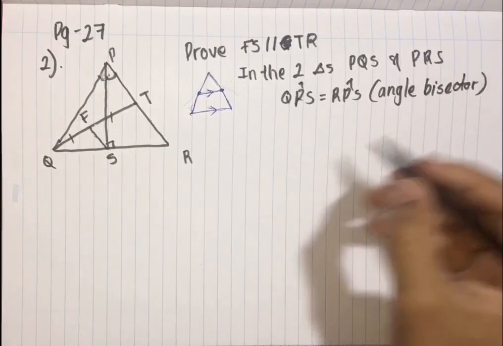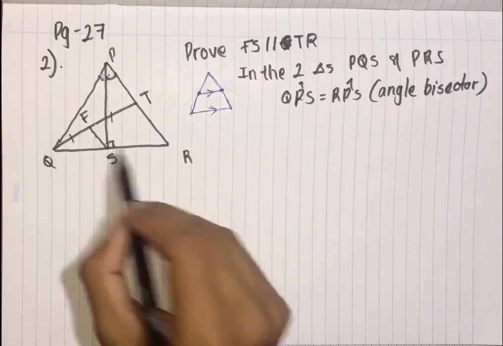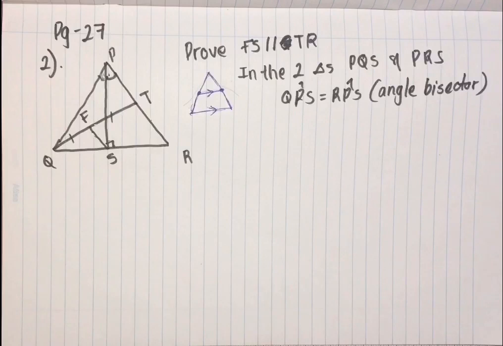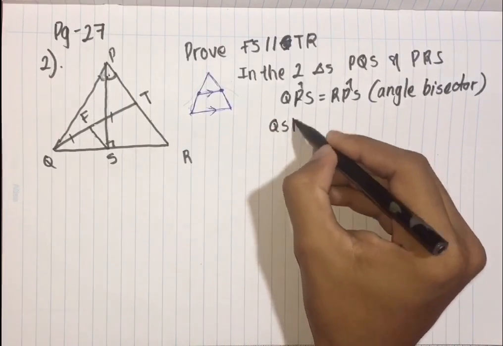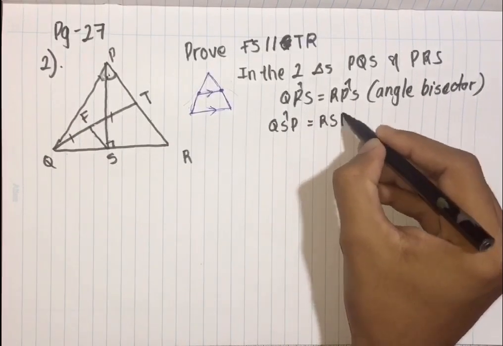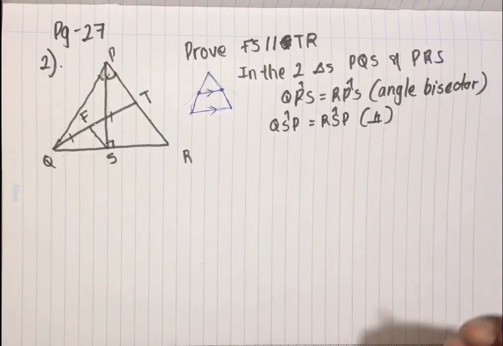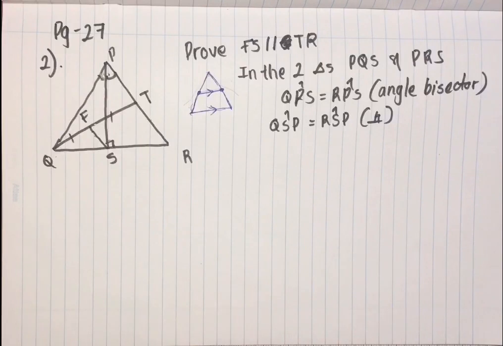Also, this angle is equal to this angle, since that is a perpendicular. That is the data given. Therefore you can say angle QSP is equal to angle RSP. What is the reason? Perpendicular or data. Also, now you have two angles and you have to consider one more side.